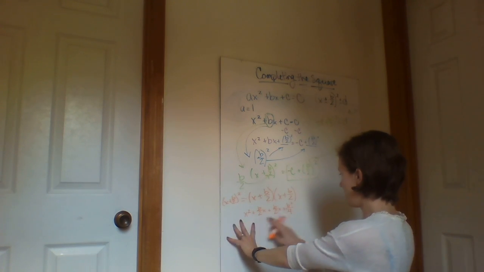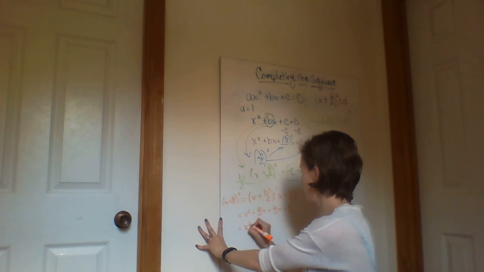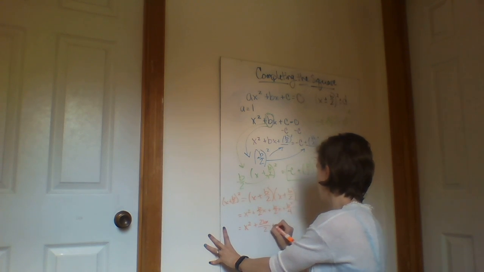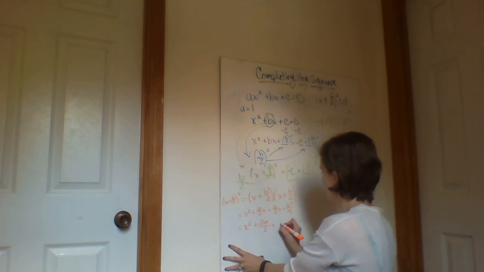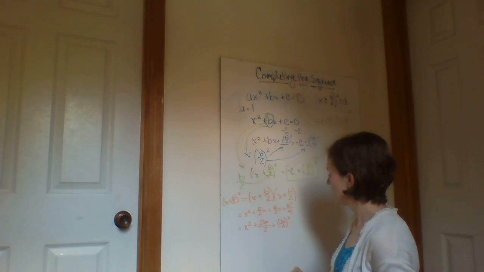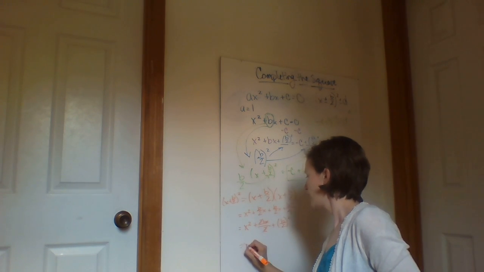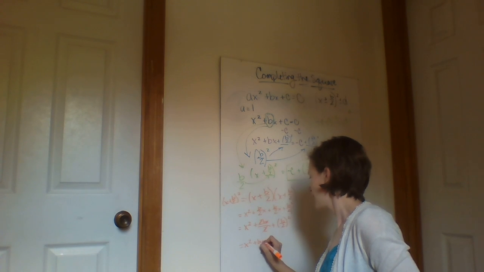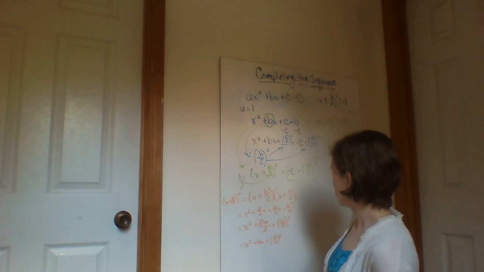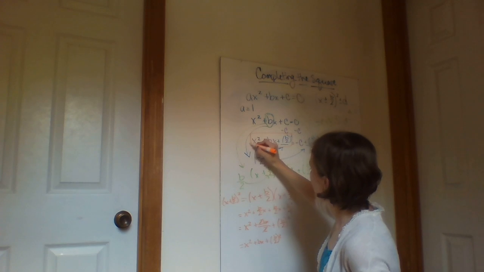So then, to reduce this a little bit, clean it up. We have x squared plus 2bx all over 2 plus, if we do this, this is the same thing as b all over 2 squared. And then looking at this even further, we can cancel that 2 with that 2, and we end up with x squared plus bx plus b all over 2 squared, which is the same thing as this.